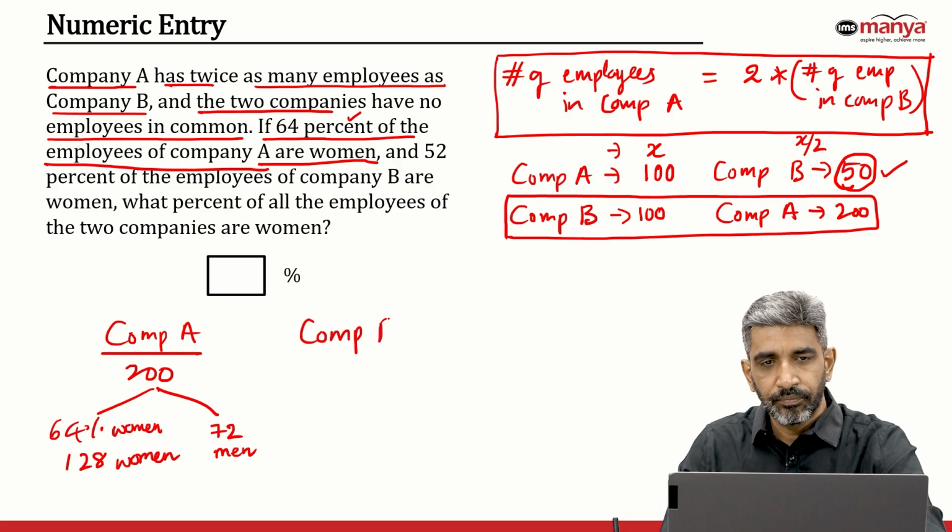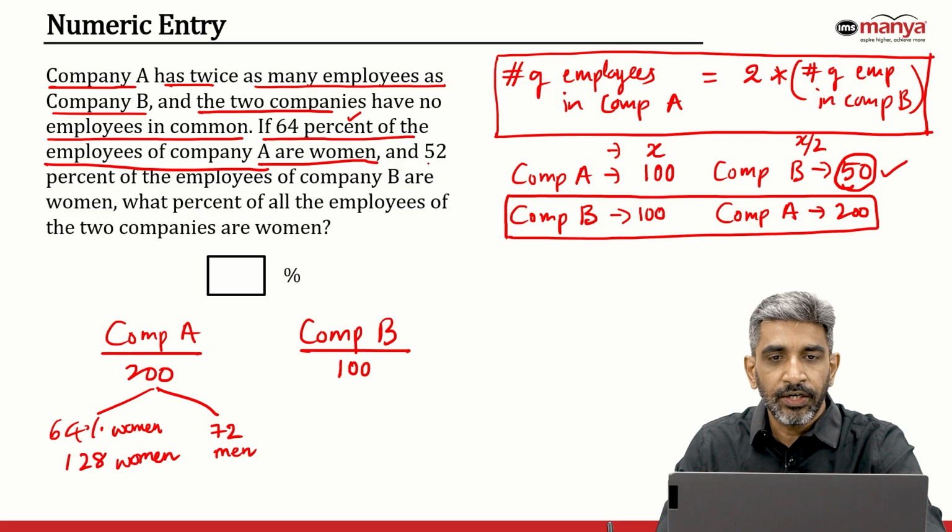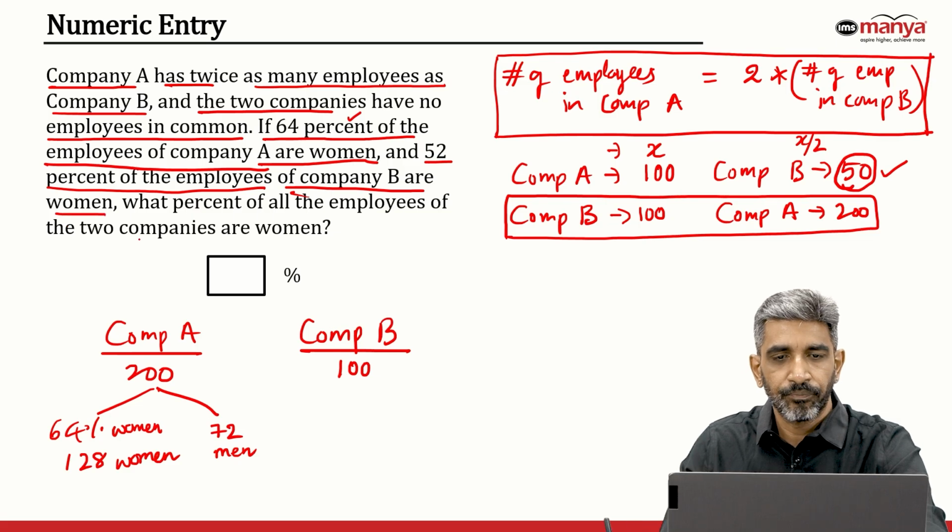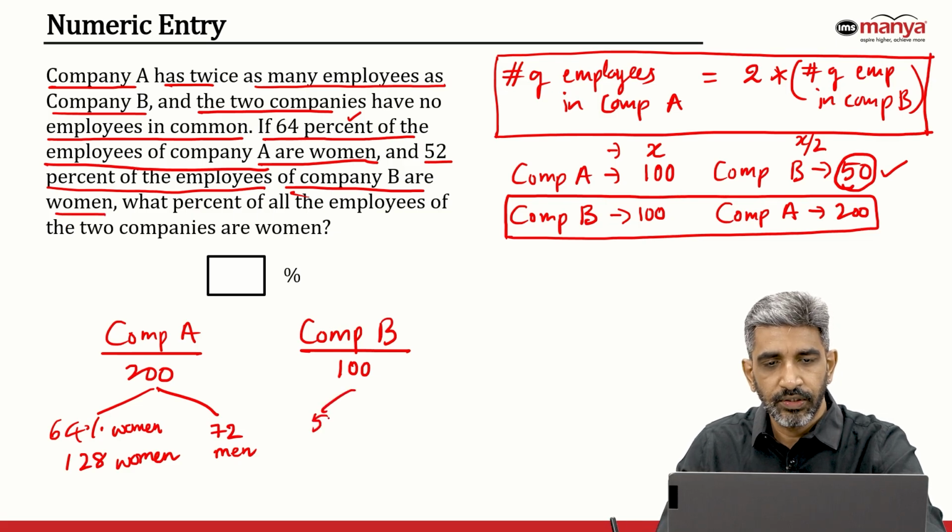Company B has 100 employees, as we have assumed. Then the question says 52% of the employees of Company B are women. So therefore, easy, 52 are women and 48 are men.